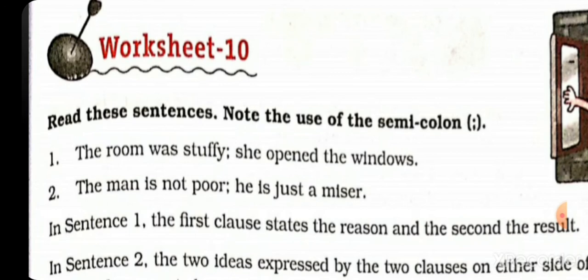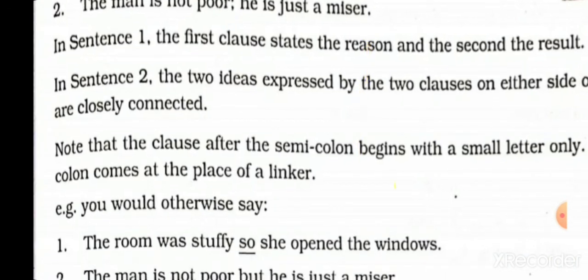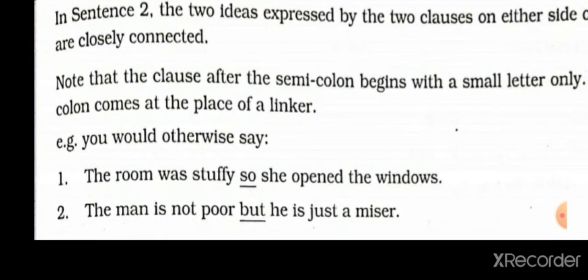And note students, remember that the clause after the semicolon begins with a small letter only. बेटा इस चीज़ को हमेशा ध्यान में रखना कि सेमीकोलन के बाद जो क्लॉज स्टार्ट होती है, that always begins with a small letter. वो हमेशा बेटा स्मॉल लेटर से स्टार्ट होगी.